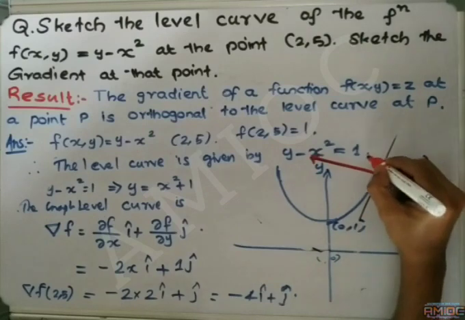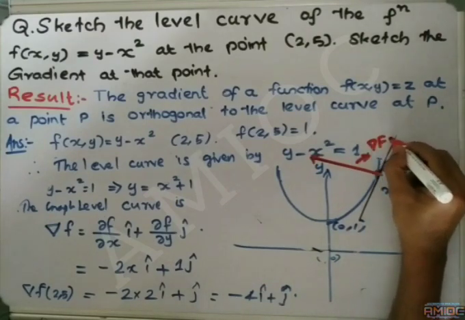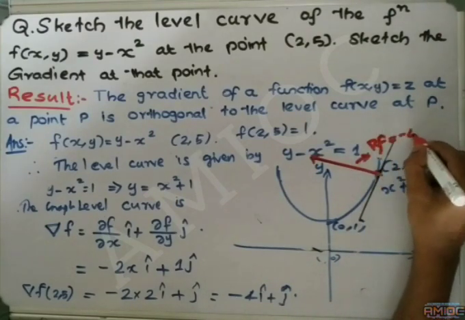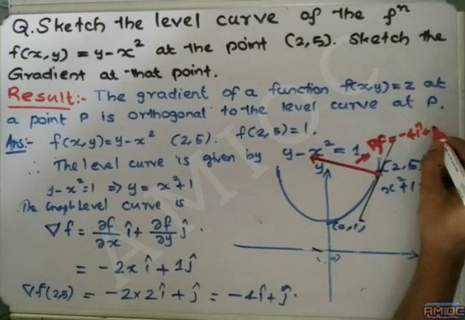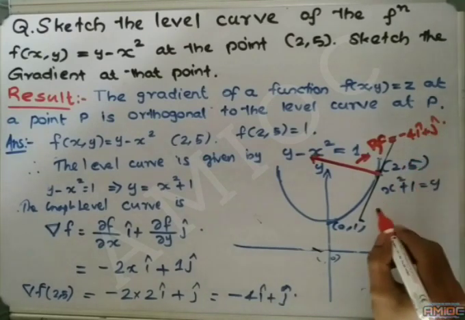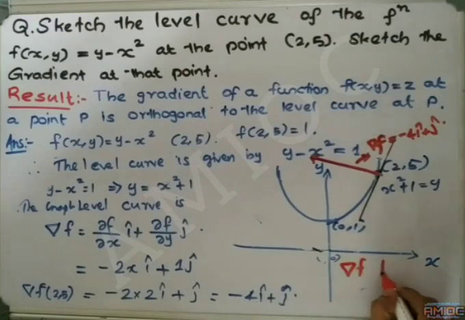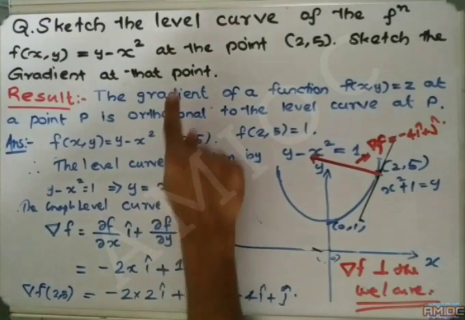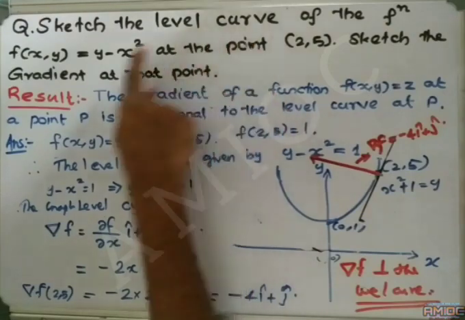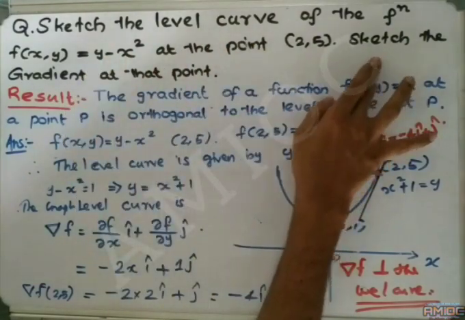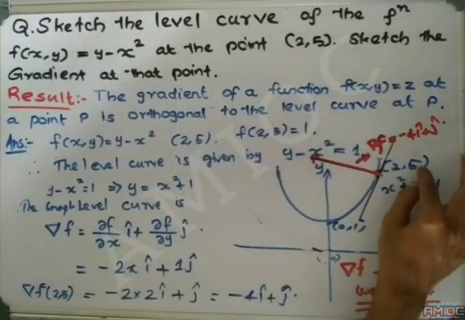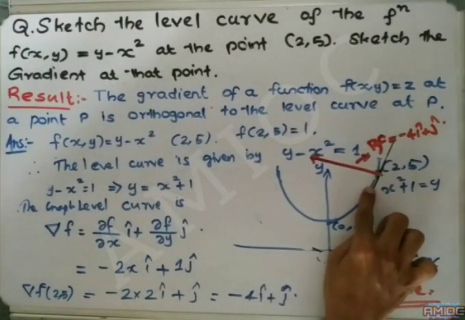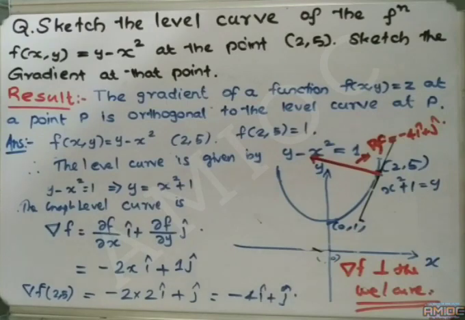It is given by del f, which is equal to minus 4i plus j, and del f is orthogonal to the level curve. So the answer is complete. We have sketched the level curve of the function and plotted the gradient vector at 2,5. It is orthogonal to the level curve and is given by minus 4i plus j.